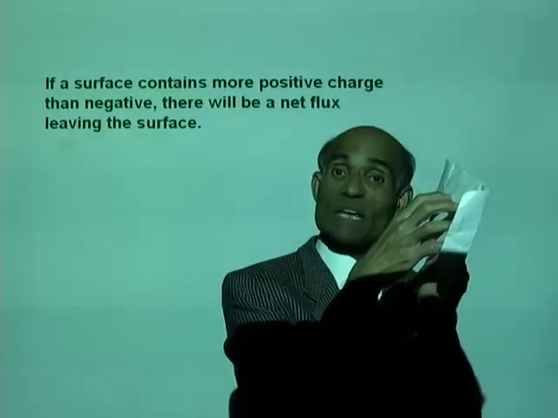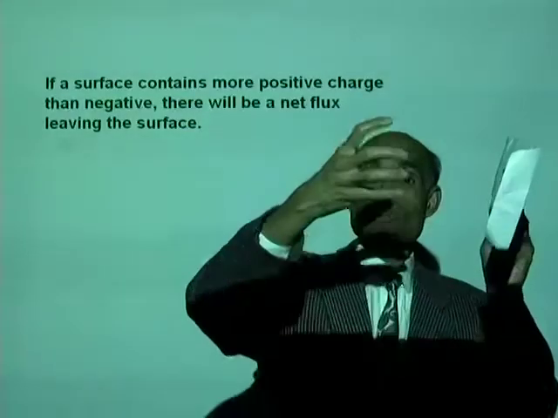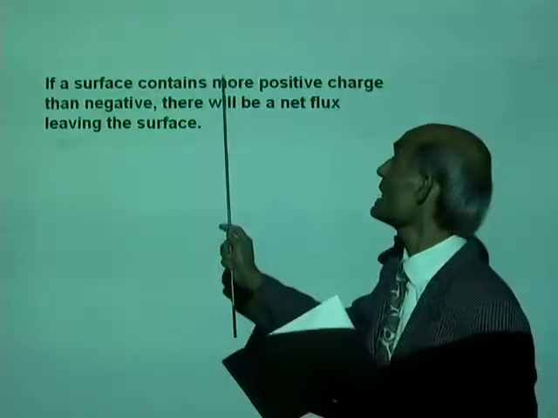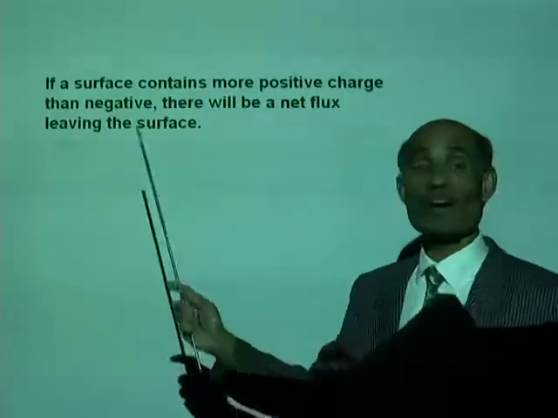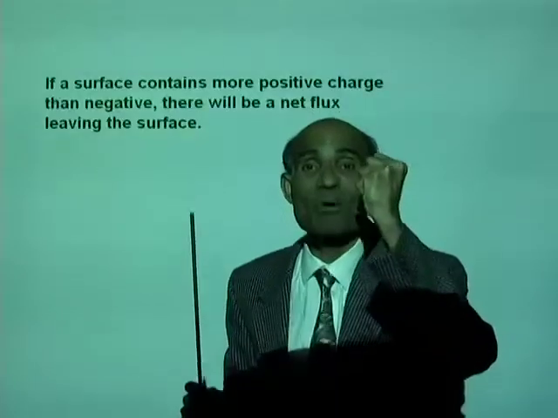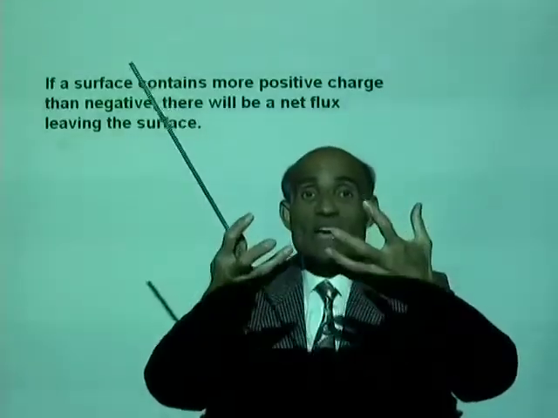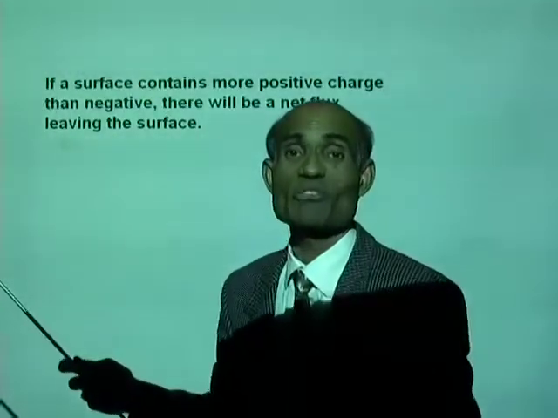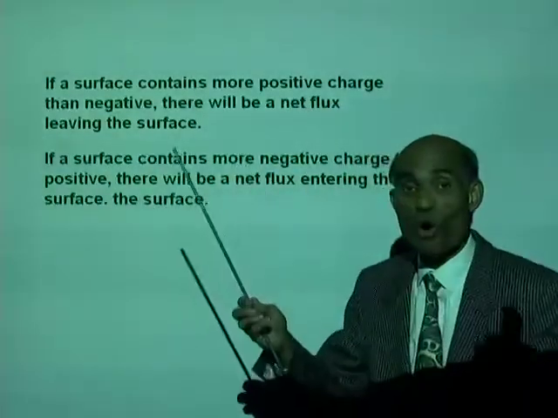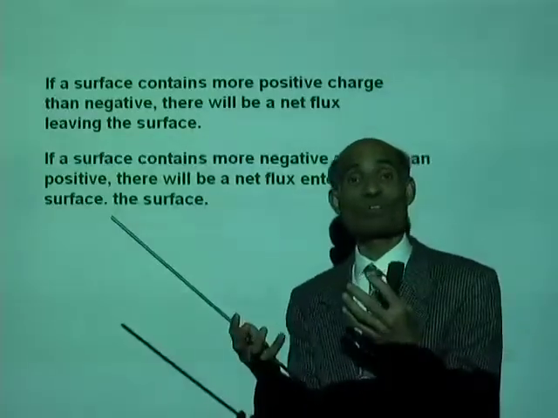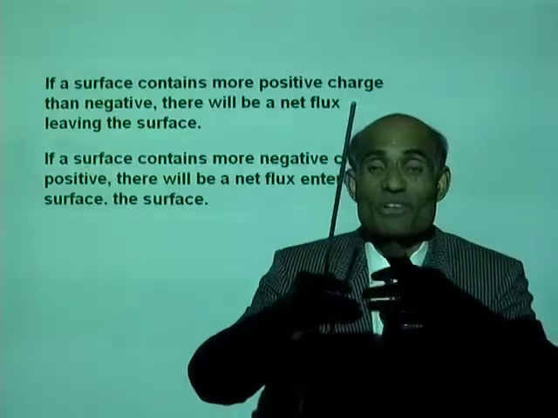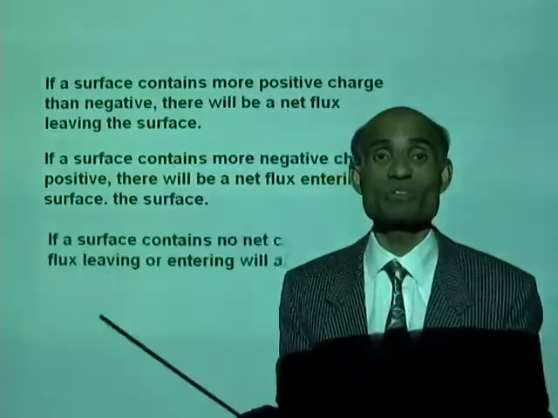If the surface contains positive charge, the flux will be all diverging from it. Now, if a surface contains more positive charge than negative charge, it means the surface contains a net positive charge. There will be a net flux leaving that surface. Similarly, if a surface contains more negative charge than positive, there will be a net flux entering the surface. I hope you understand the distinction between the two.